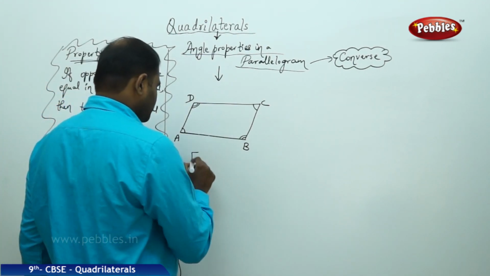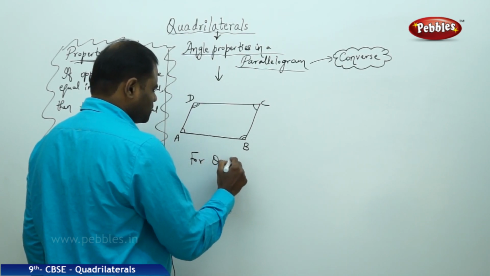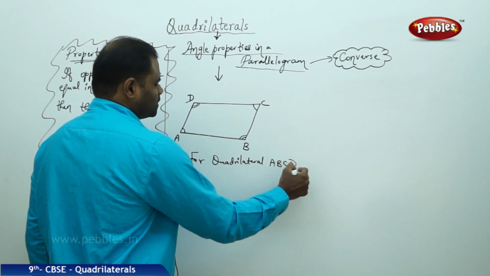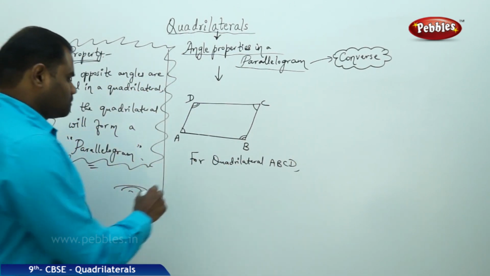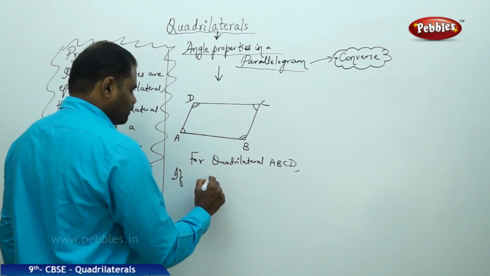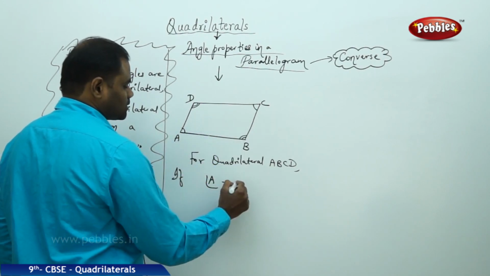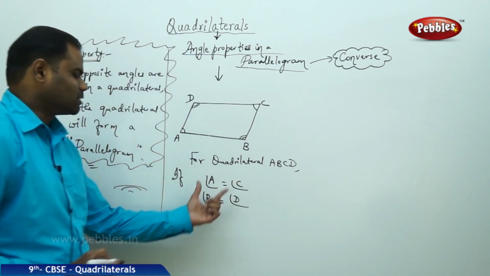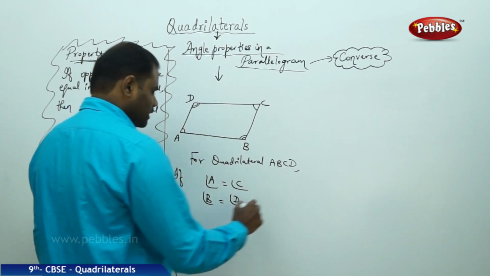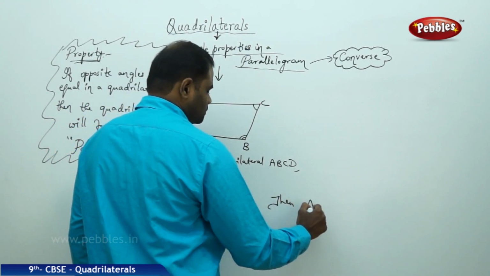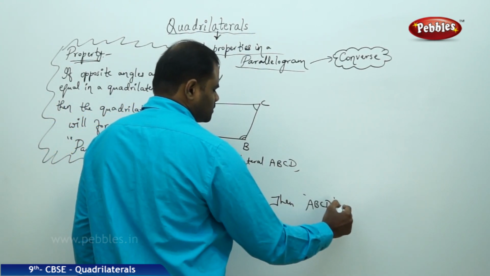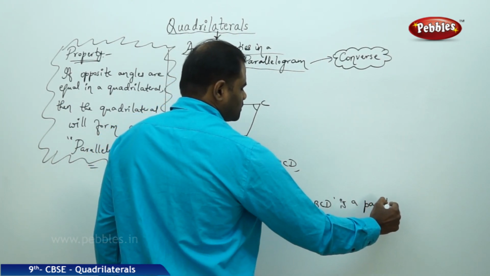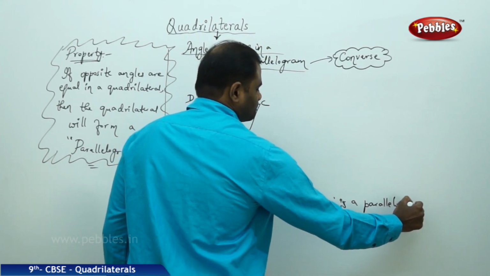Therefore, for quadrilateral ABCD, which we have out here, if angle A equals angle C and angle B equals angle D, that is, opposite angles are equal, then ABCD is a parallelogram.